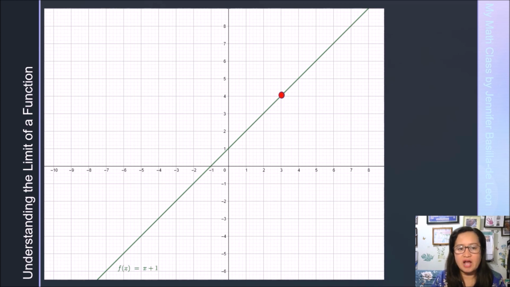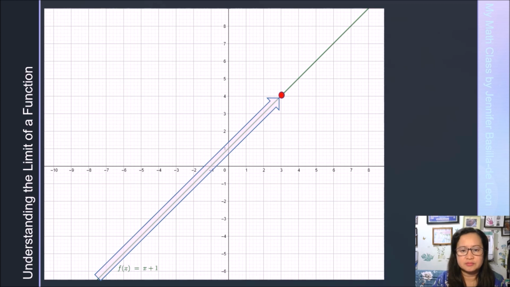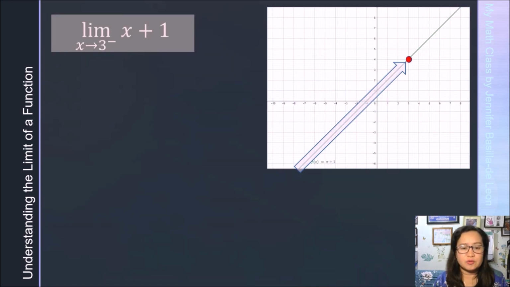From the graph, we have seen that we can approach a point having an x-coordinate of 3 either from the left or from the right. This time, let us make a table of values of the limit of x plus 1 as x approaches 3 from the left. Let's say we consider x equals 2. We are going to replace x by the value of 2.